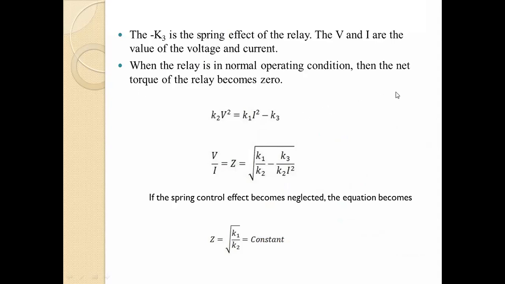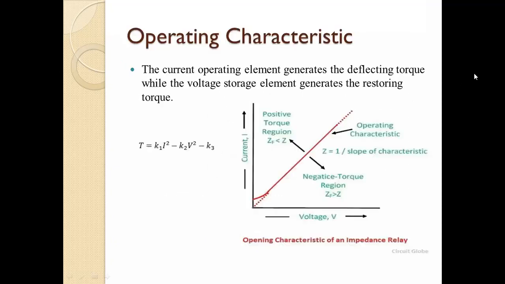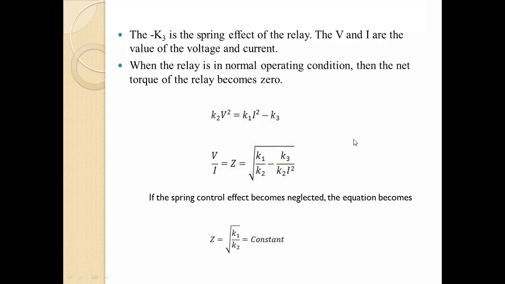We all know that only when there is some production of torque will your relay operate, which is considered a faulty condition. But when there is no fault, under normal operating condition, your torque will always be zero.